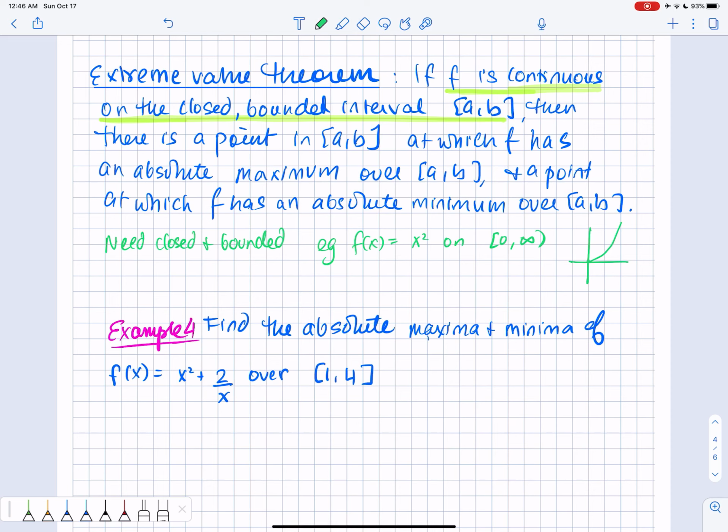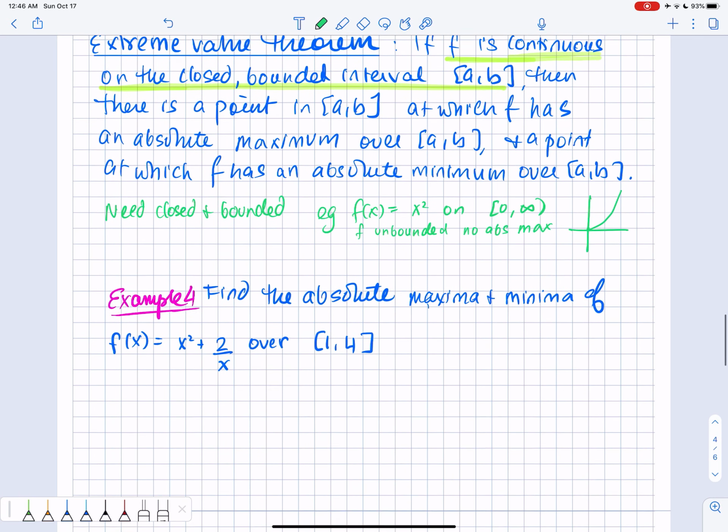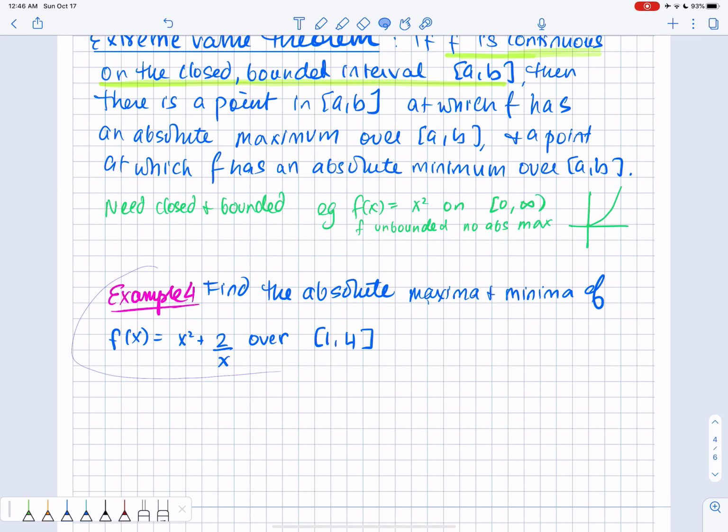So f is unbounded, and it doesn't have a max on the interval. No absolute max. The interval is not a bounded interval. So I'm just saying that you do need those conditions.